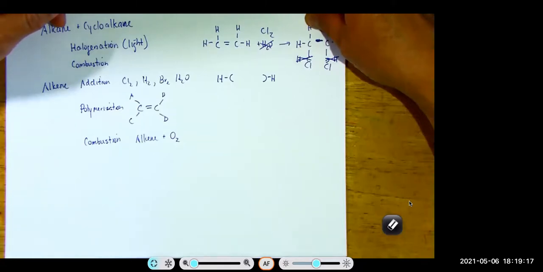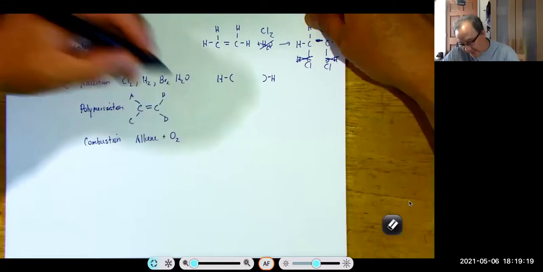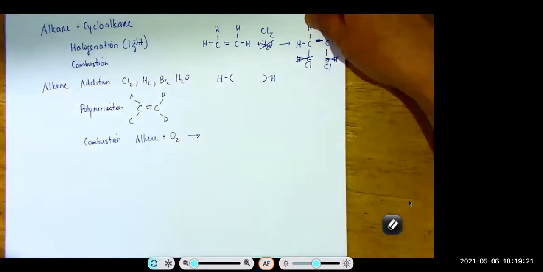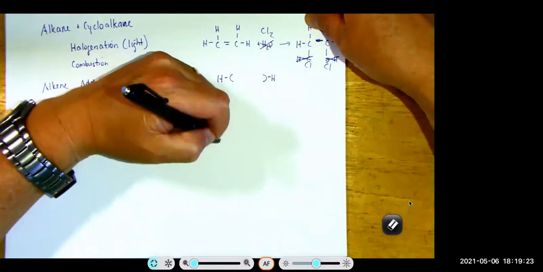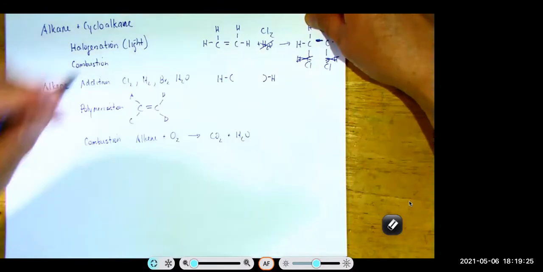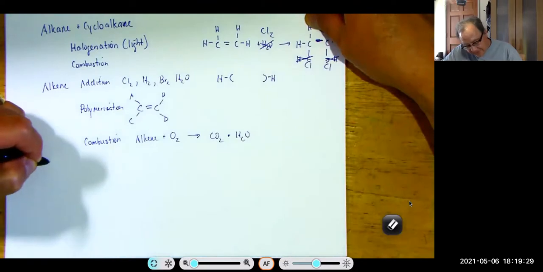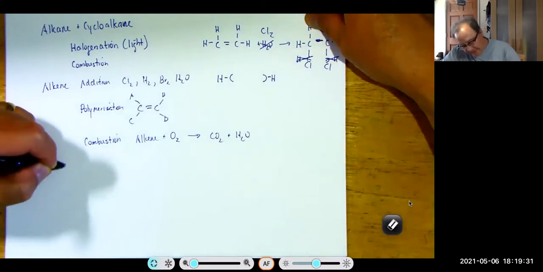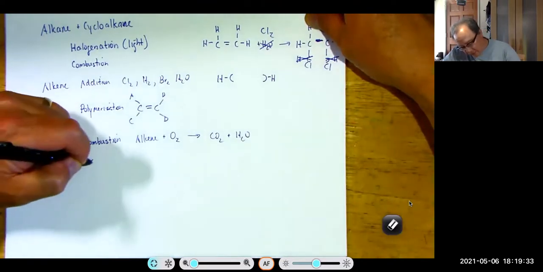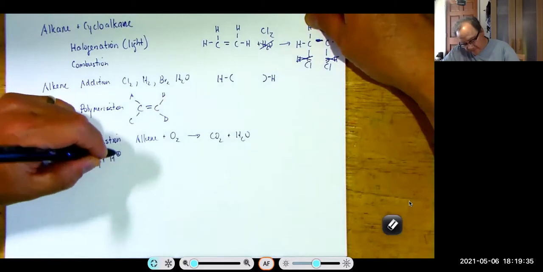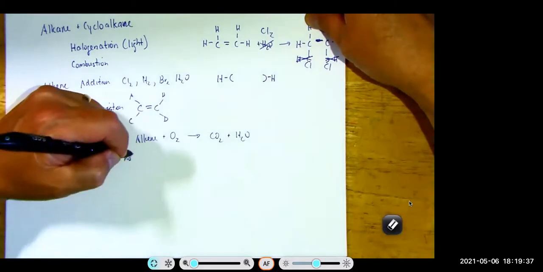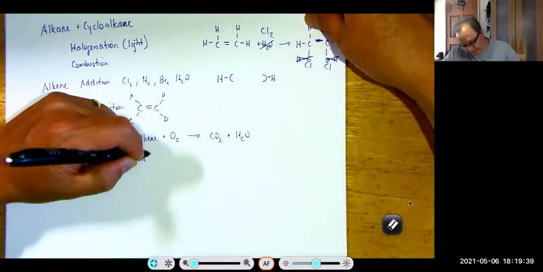Products. CO2 plus H2O. Correct. And then there's amines. They can accept a proton, right? On the nitrogen.